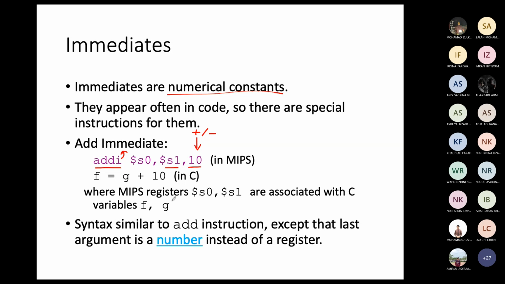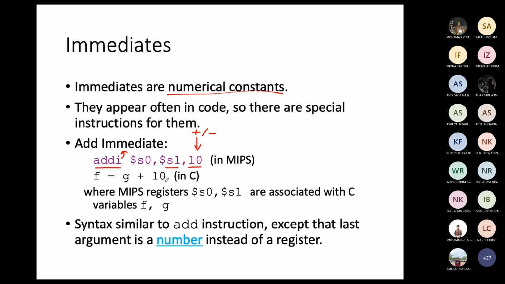If we write ADDI S0, S1, 10, in C it is represented as: S1 is associated with G, add means plus, so G plus 10. The constant 10 is stored into S0, which is associated with F. So F is equal to G plus 10.